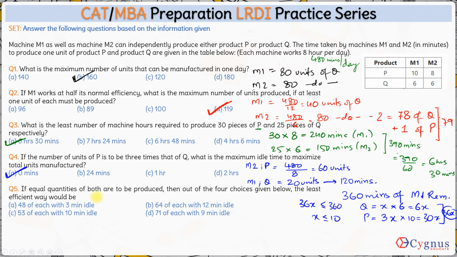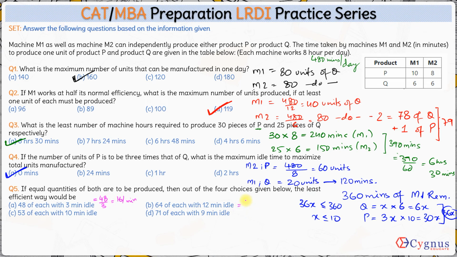For 1 minute of idle time, if I produce more units, that means I am more efficient. If for 1 minute of idle time I produce lesser number of units, I am less efficient. So for option A, the productivity as we defined would be 48 by 3, which is 16 units per minute of idle time.